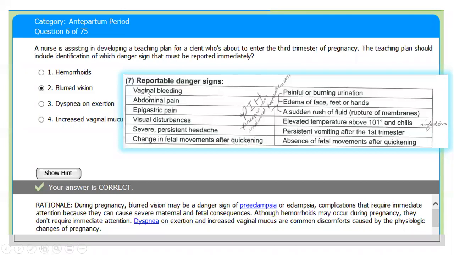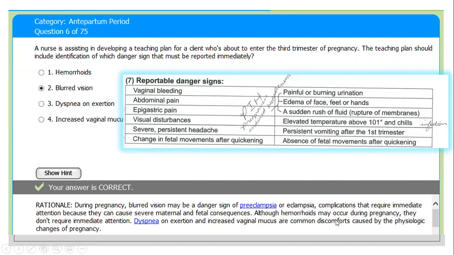Number 1, vaginal bleeding, abdominal pain, epigastric pain, visual disturbance or blurred vision. During pregnancy, blurred vision may be a danger sign of eclampsia or pre-eclampsia. Complications that require immediate attention because they may cause severe maternal and fetal consequences.